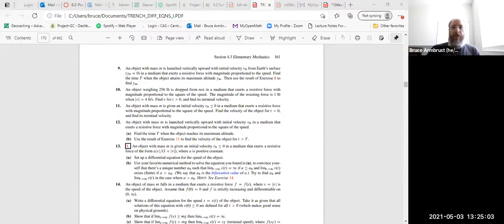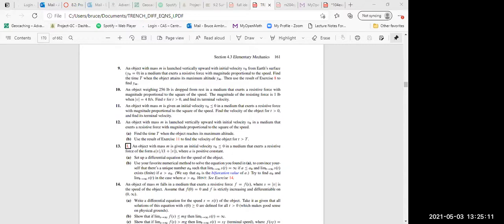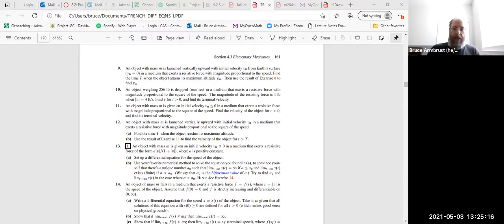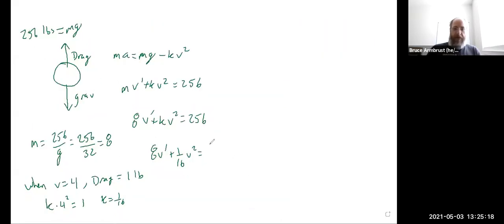Right, so the resisting force is 1 pound when the magnitude of v is 4 feet per second. Okay, makes sense. Okay, so I think we're good there, but thank you for checking that. Those are definitely the kinds of things that I miss. All right, so there you go.